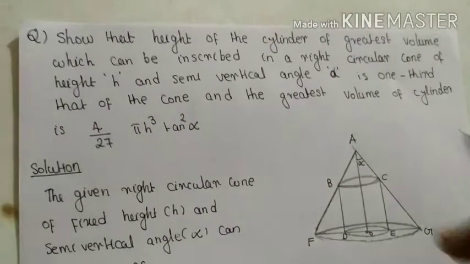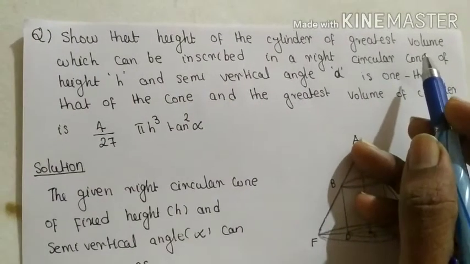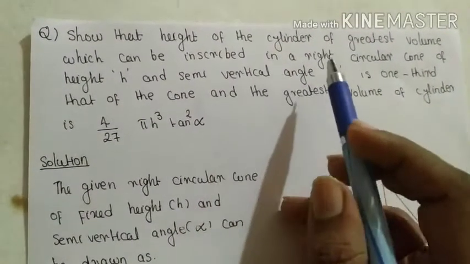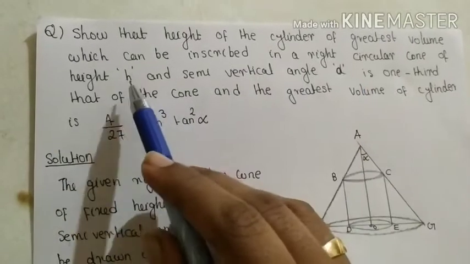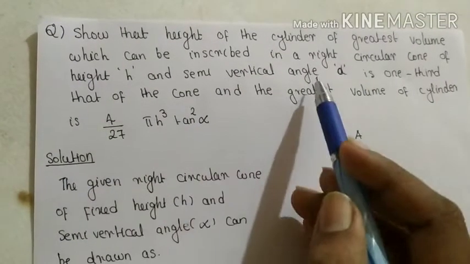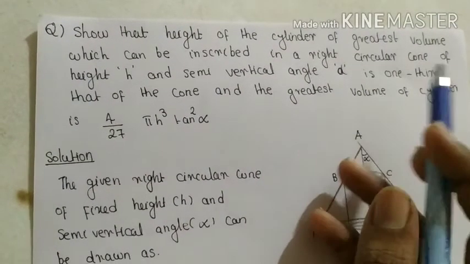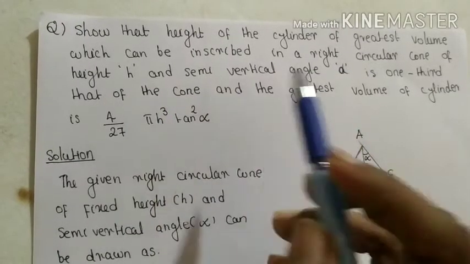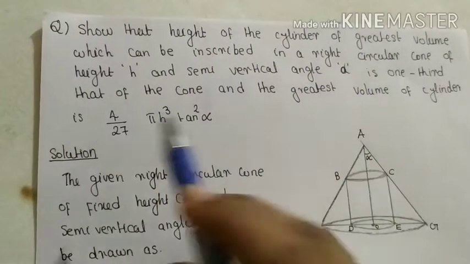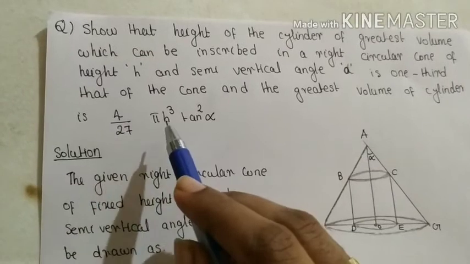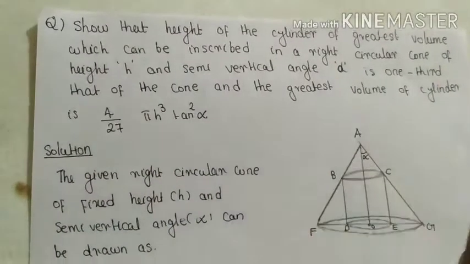Show that the height of the cylinder of greatest volume, which can be inscribed in a right circular cone of height h and semi-vertical angle alpha, is 1/3 that of the cone, and the greatest volume of the cylinder is 4 by 27 pi h cube tan square alpha.